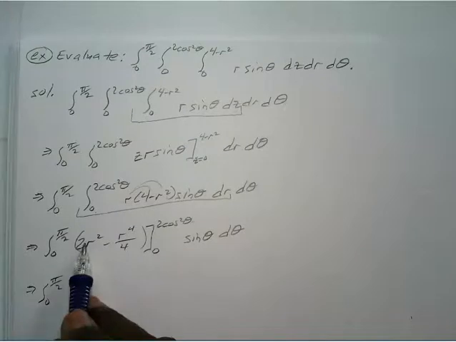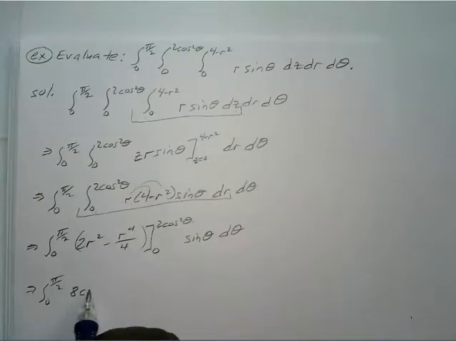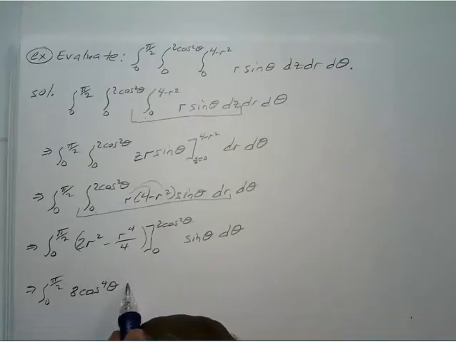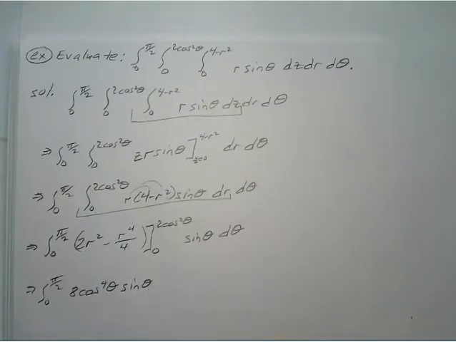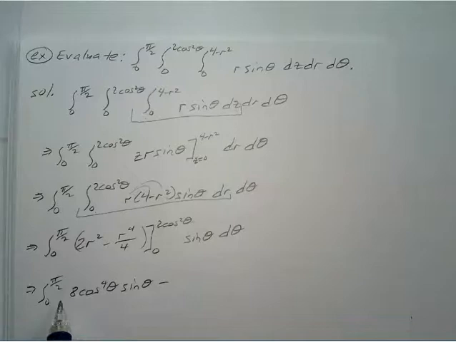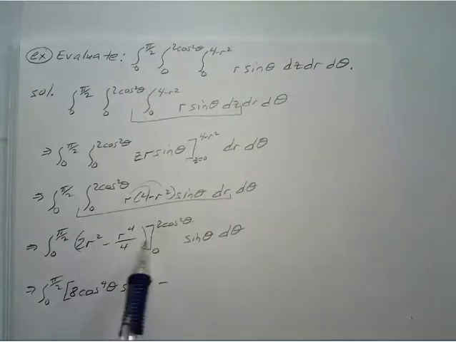So 4 times 2 will give you 8. So you have 8 cosine to the fourth theta times sine theta minus, so if we plug in 0, we just get 0.